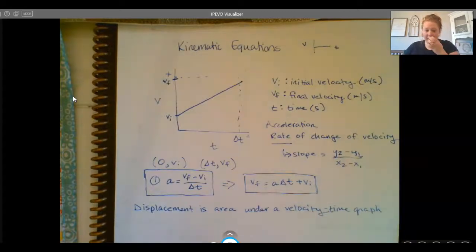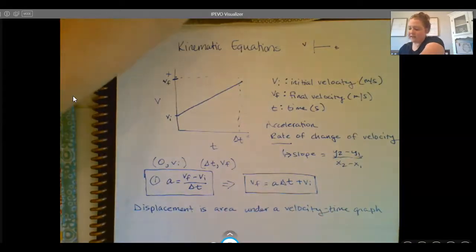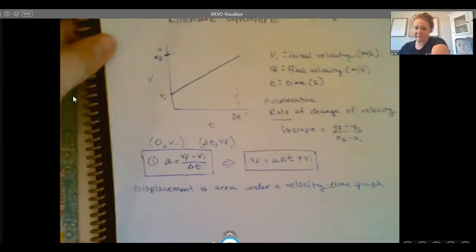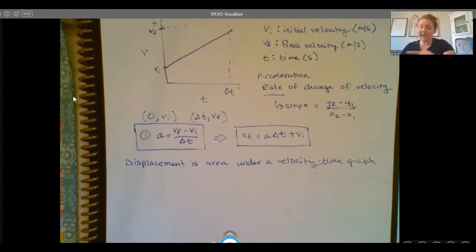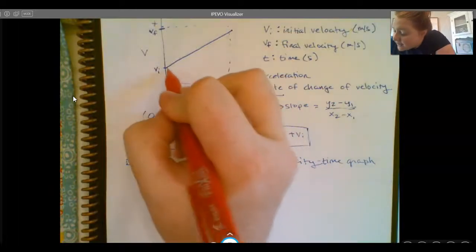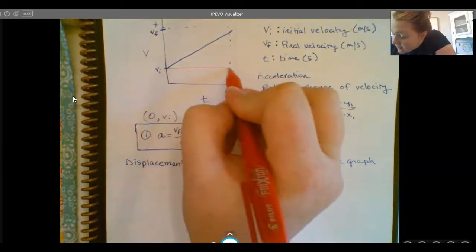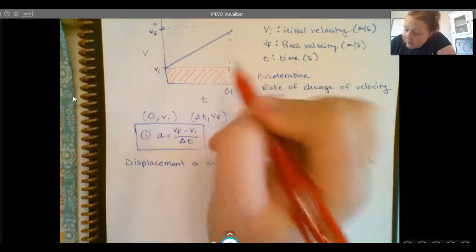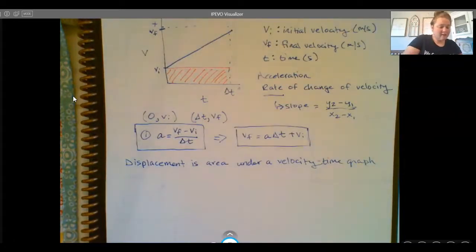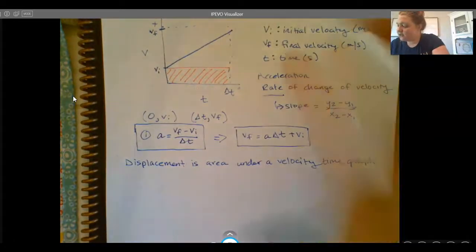So we're going to go ahead and look at this graph here and find our displacement. And we're only using variables because we're trying to find an equation here. So let's go ahead and do this. If I wanted to find the area, I would need to find the area of this rectangle and the area of this triangle.